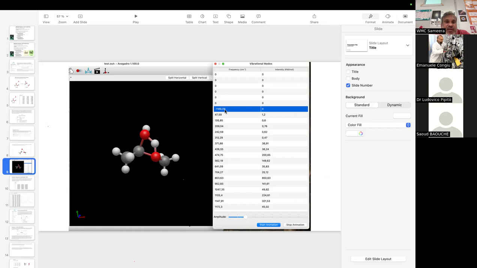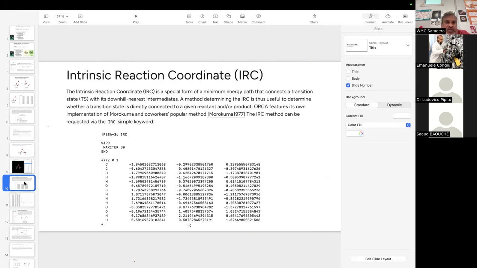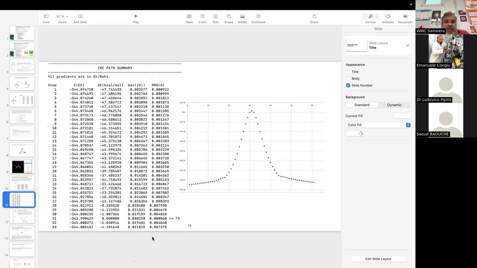Then, starting from the transition state structure, we ran the IRC calculation, and you can see the IRC path. It has the transition state structure here, and approximate reactant and product structures. So we further optimize starting from the last point here to get the reactant, and the last point here to get the product.